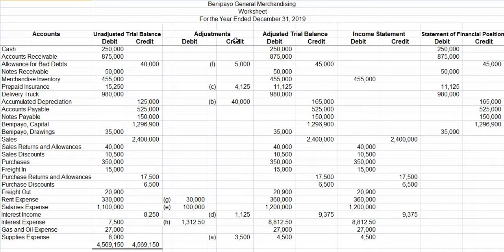Look for the account name office supplies from among the accounts written here. Of course, you do not have to really read all the accounts here from cash up to the last expense account, because you know these account names are written in proper order from the current assets to the non-current assets, including the contra asset accounts, down to the last expense account.